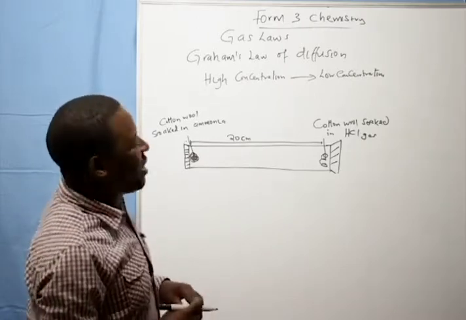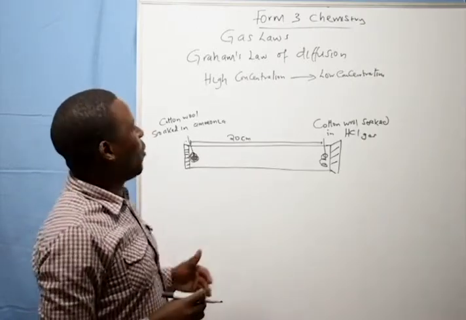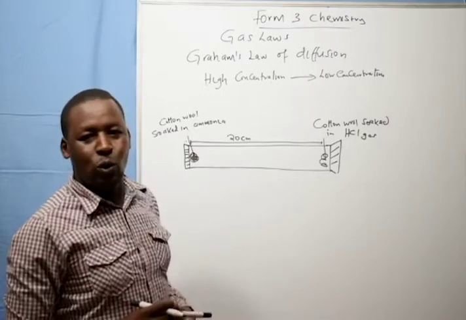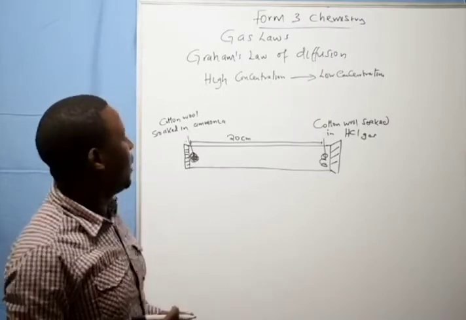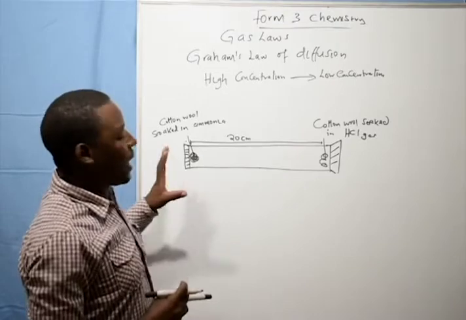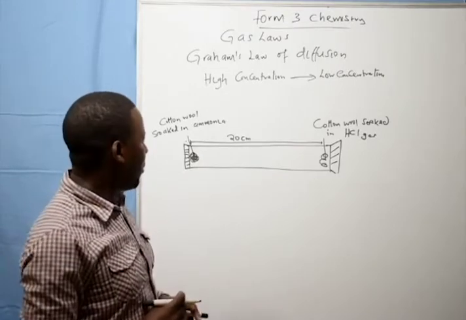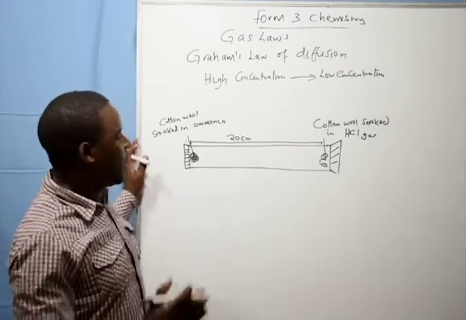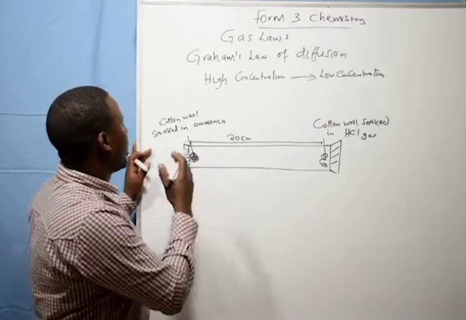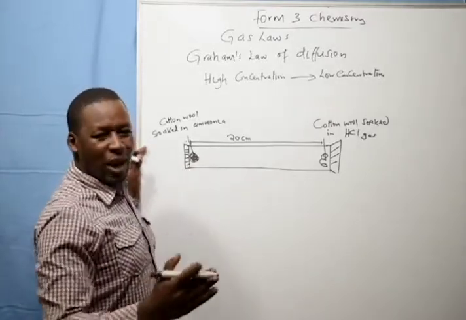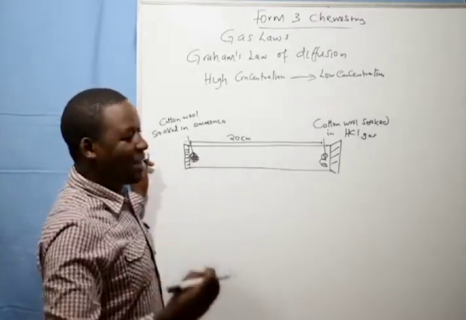Now, when investigating how fast or how slow gases diffuse, we use a glass tube. In this experiment, we are going to use two gases to investigate how gases diffuse.